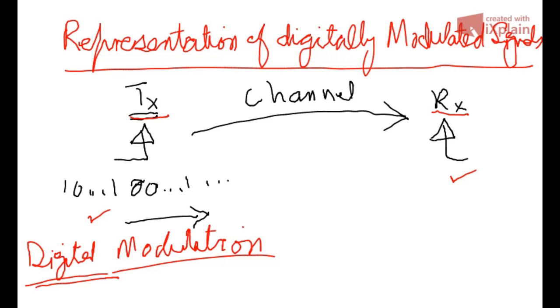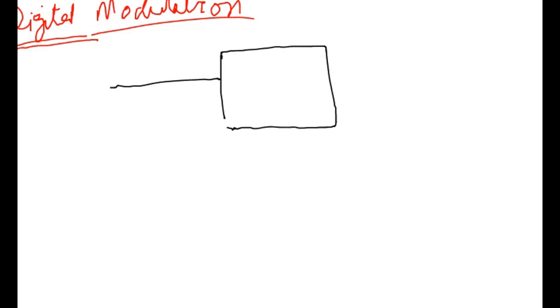Moving towards the digital modulation schemes, I would like to draw the block diagram of my system. Suppose this is a modulator at block level, and you have some input to this modulator, which is usually bits, because you have bits at the transmitting end.